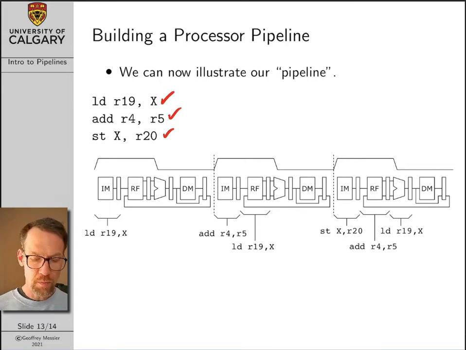Okay, so in this diagram, I've shown 3 repeated copies of our simplified microarchitecture, as well as our clock waveform. And so at the start of this diagram, on the very first rising edge of the clock, our instruction memory is going to fetch the machine language code for the load command.